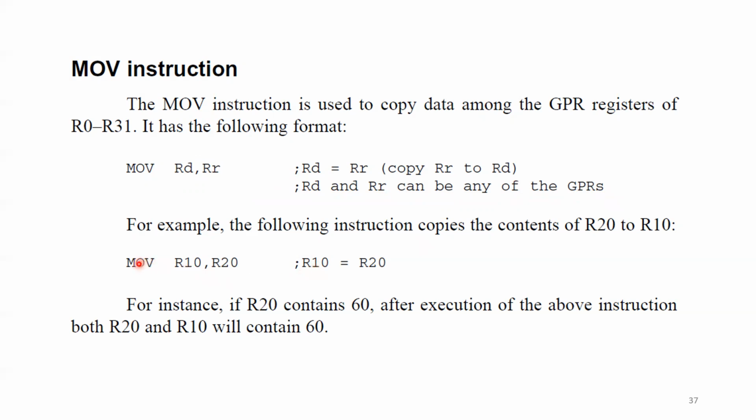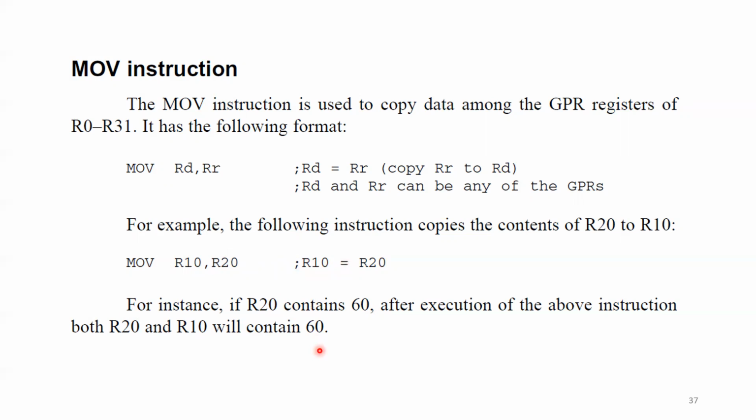For example, MOV R10, R20. This means the data in R20 would be copied into R10. So after executing this instruction, R10 would be equal to R20. For instance, if R20 contains a value of 60, after executing this instruction, R10 would have 60 as well.